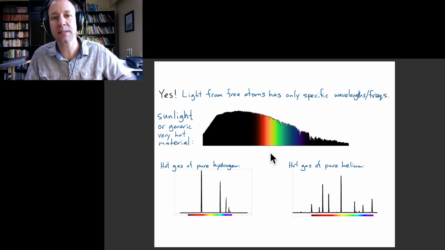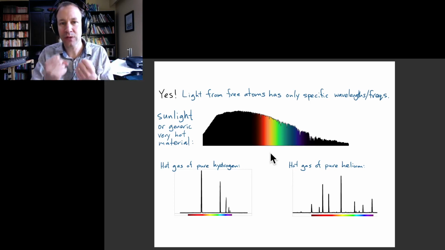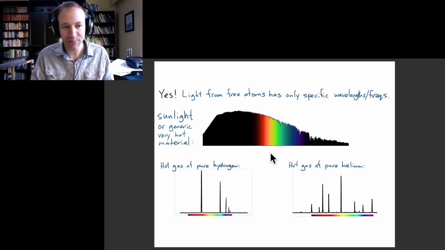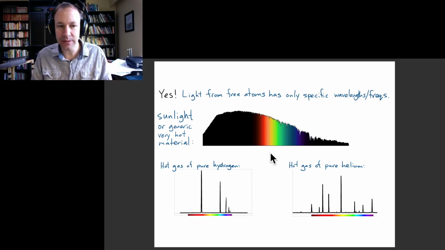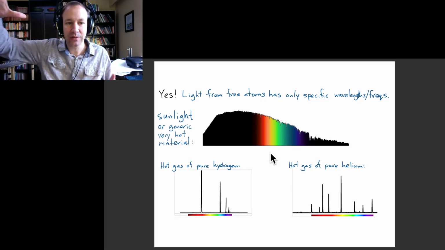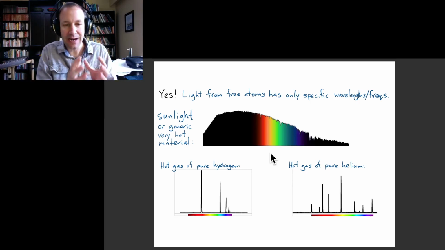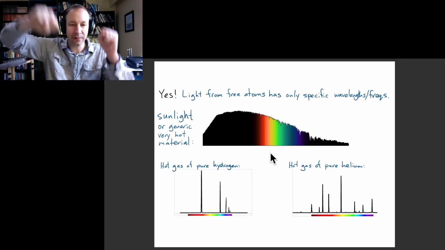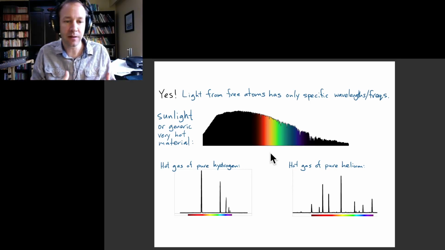The simplest possible form of matter is where you take a bunch of atoms of one type, for example hydrogen atoms or helium atoms, so pure atoms, and you have a gas of those. They're not even interacting with each other. They're not condensed into a liquid or a solid. They're just freely moving around, doing their own thing.